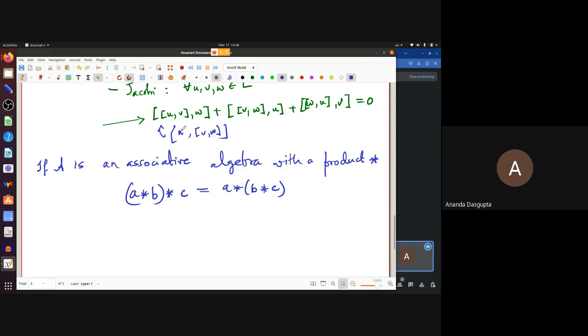Which would have meant that these two together would have added up to 0. Isn't that right? Yeah, one is the negative of the other, because these two are negatives of each other definitely, right?